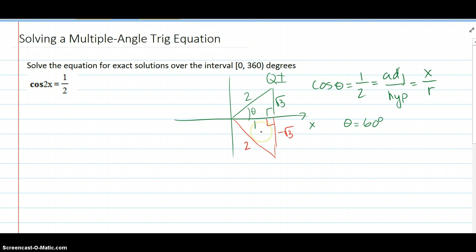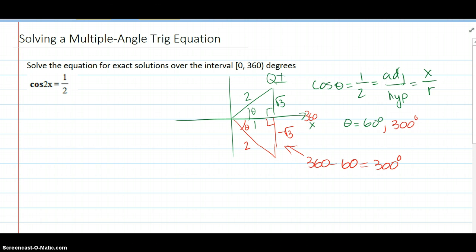So what is that angle? We know that it's also 300 degrees. How did we get 300 degrees? Because this is a 60-degree reference angle. The whole thing is 360, so if you take 360 and subtract 60, you get 300 degrees.